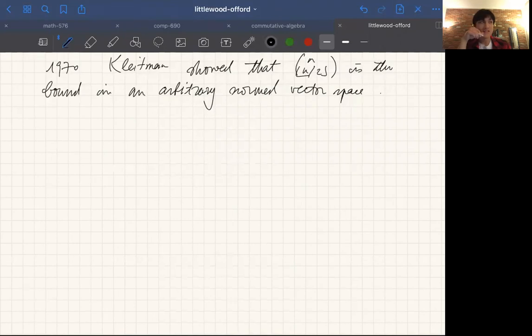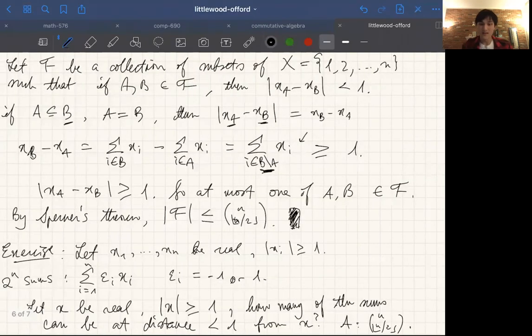I don't even think it needs to be finite dimensional. So any normed vector space, could be R to the n, could be C to the n, could be C, obviously. Any normed vector space, this exact statement still holds, but the proof is a little bit different. It's actually not that much more complicated. It's in Bollobás in the same chapter, about 3 more pages than this.